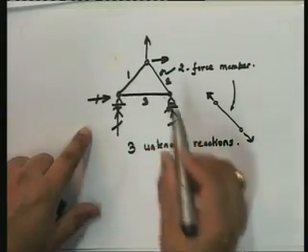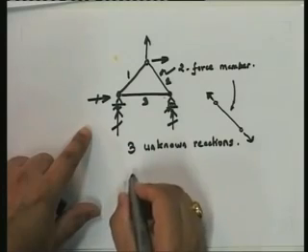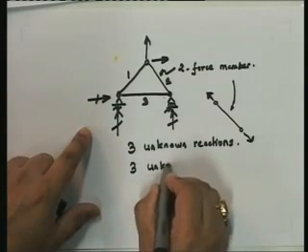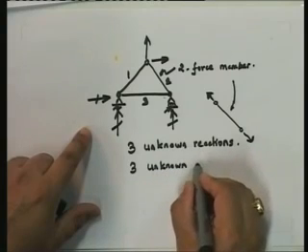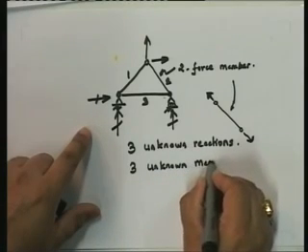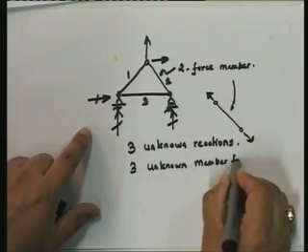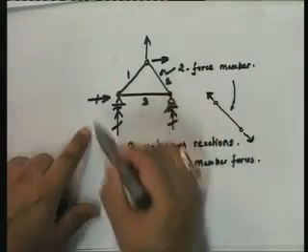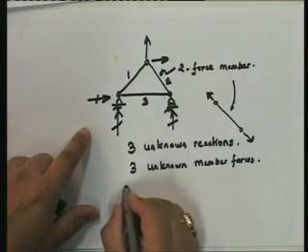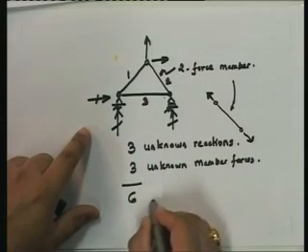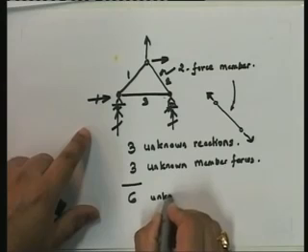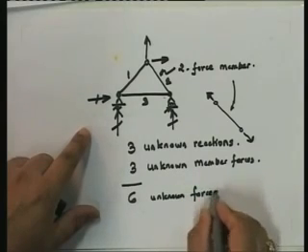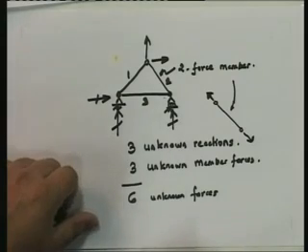And therefore, since we have 3 members, we have 3 unknown member forces. So, how many unknowns do we have in this structure? We have 6 unknown forces.